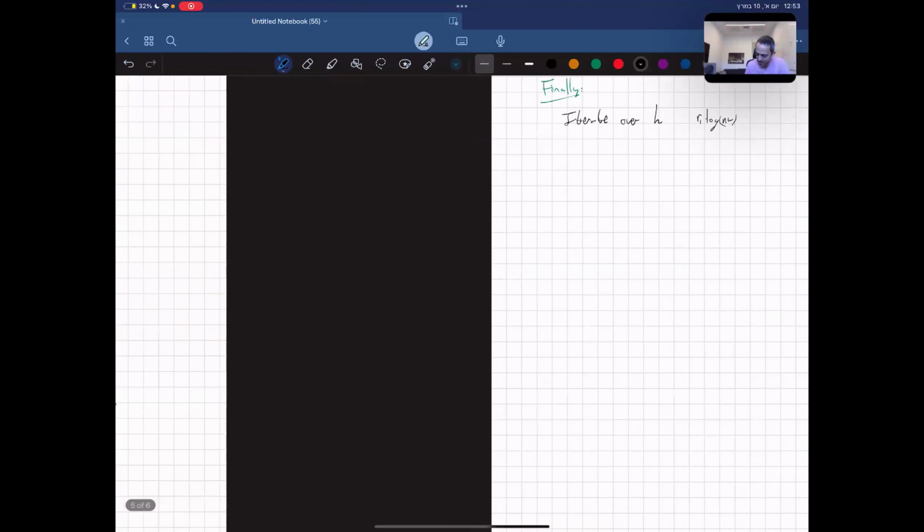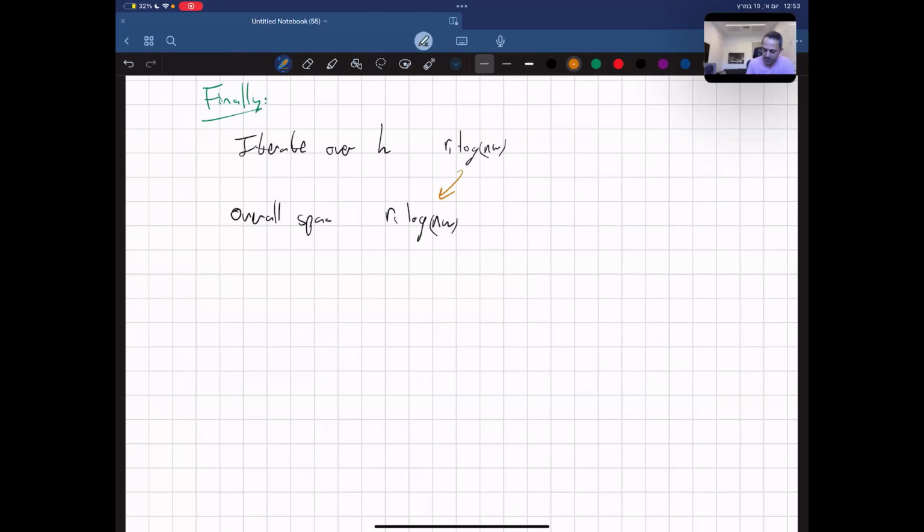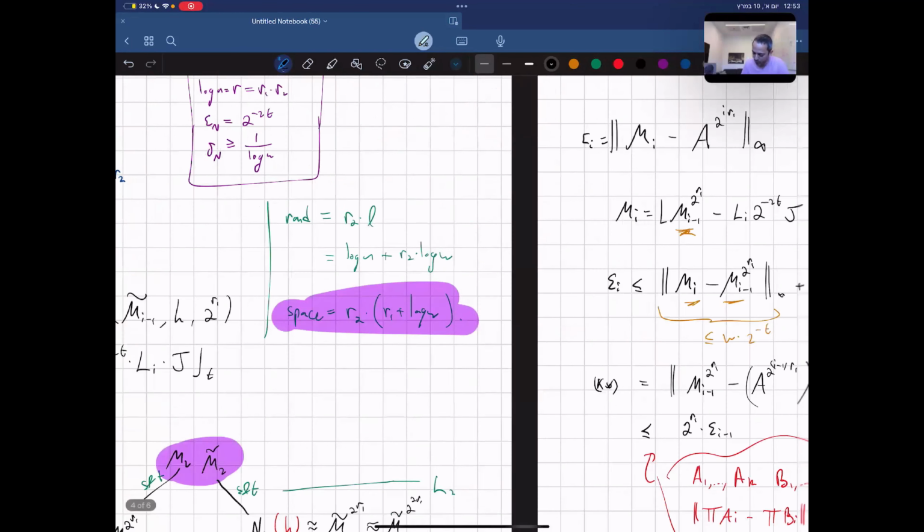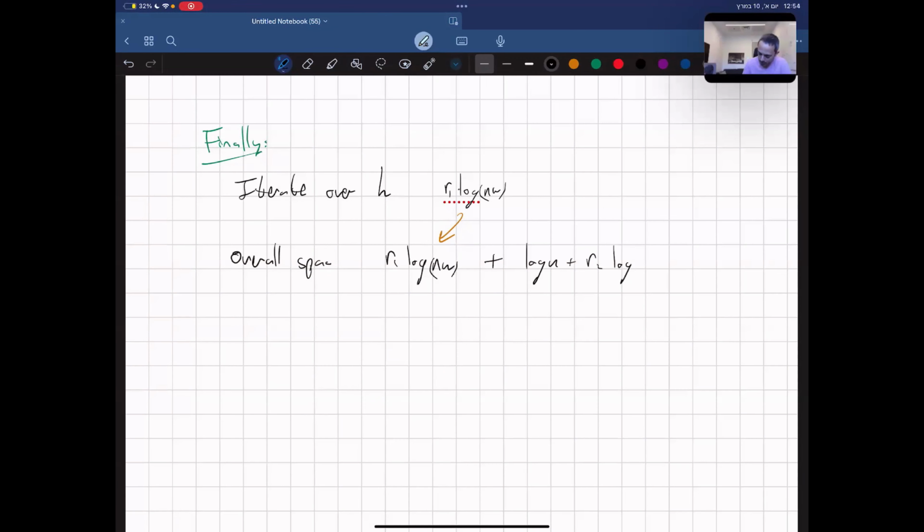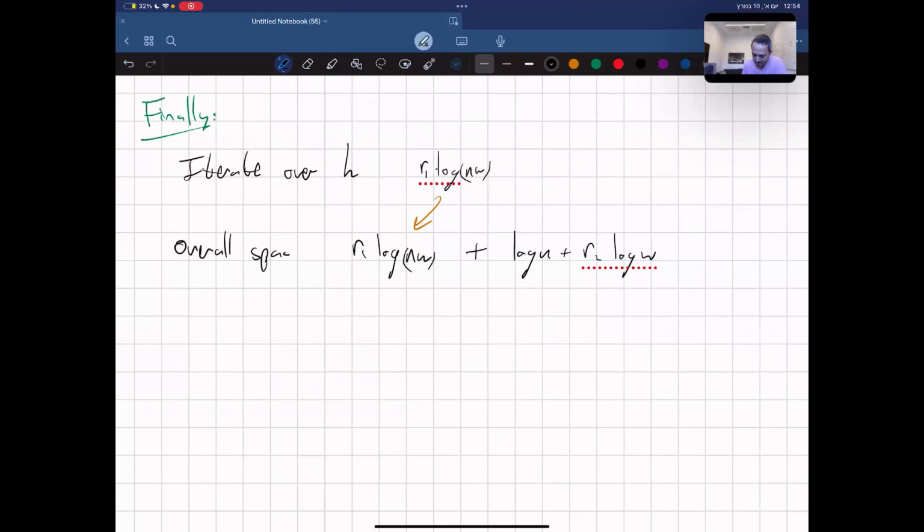So overall space is, of course, you need that because of this, but then for every particular h, you require log n plus R2 log W. Okay, so this is negligible.